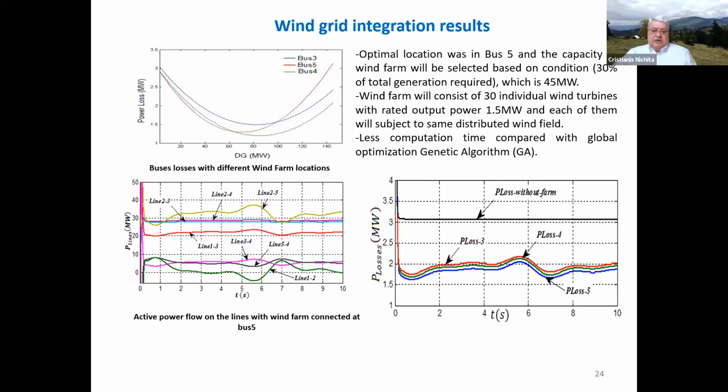Where we have loss without farm and loss with farm, we see that if the location and the size are well calculated, we can reduce the power losses.